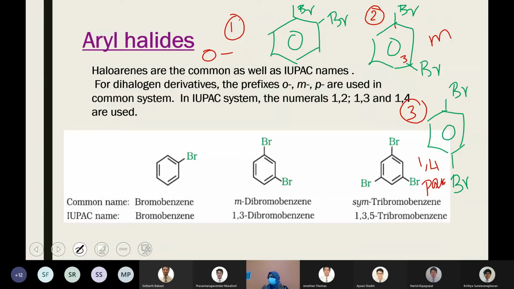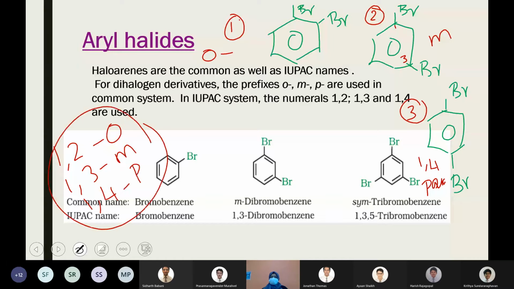So all of them are dibromobenzene. The only difference is the position of the bromine attached. If they are in the 1, 2 position, it is ortho, 1, 3 position meta, and 1, 4 position para. So 1, 2 is the IUPAC naming system, 1, 2 dibromobenzene, and in the common system it is ortho dibromobenzene.